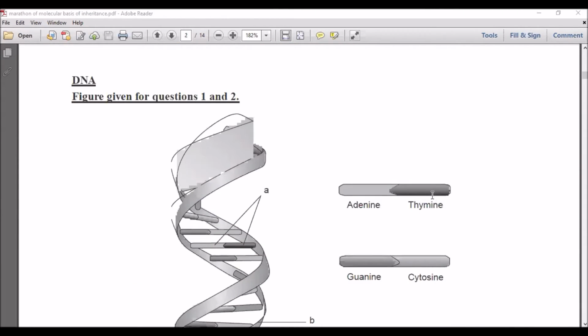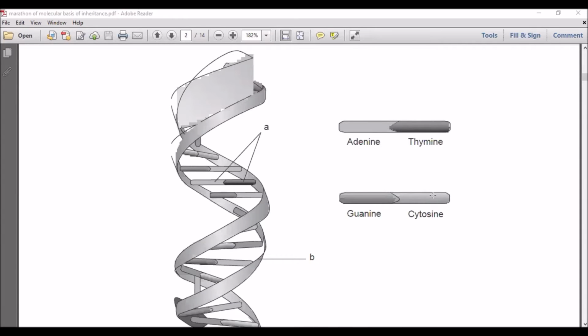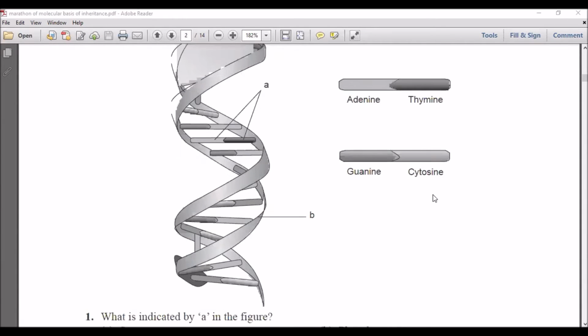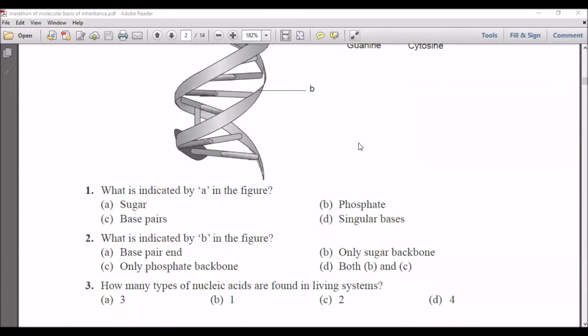This is the figure given, and we have to answer some questions related to this figure. The first question is, what is indicated by A in the figure?